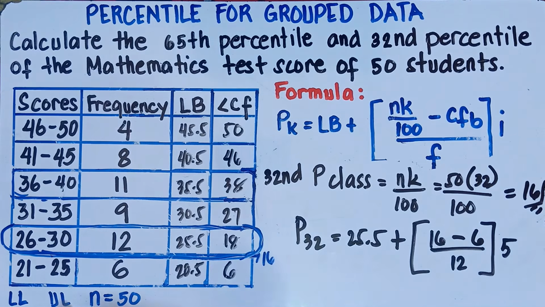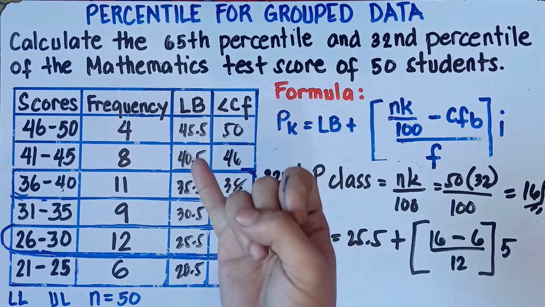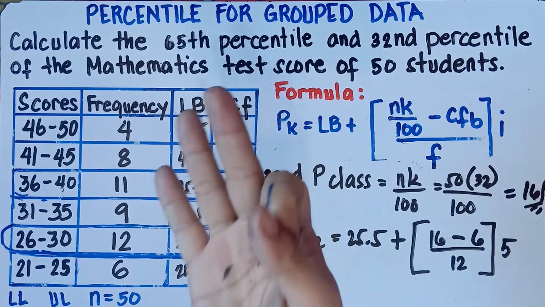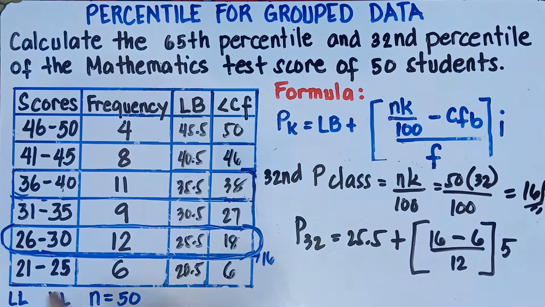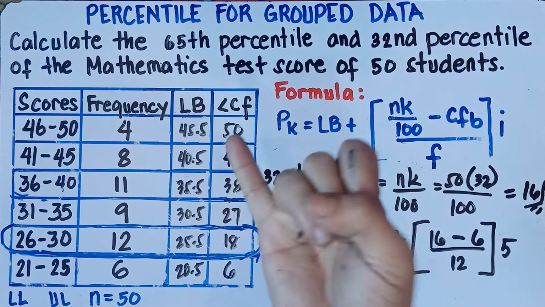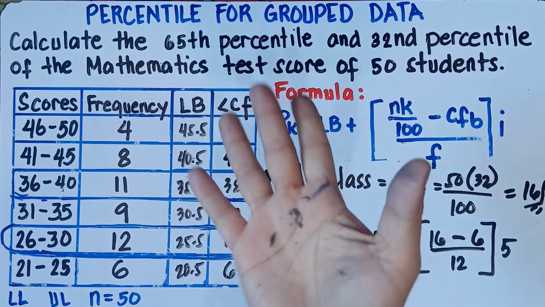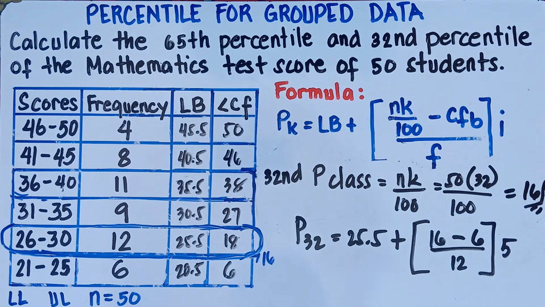Once again, class, the class interval: 26 to 30, 26, 27, 28, 29, 30, the interval is 5. Same with this one, 21 to 25, the interval is 5.